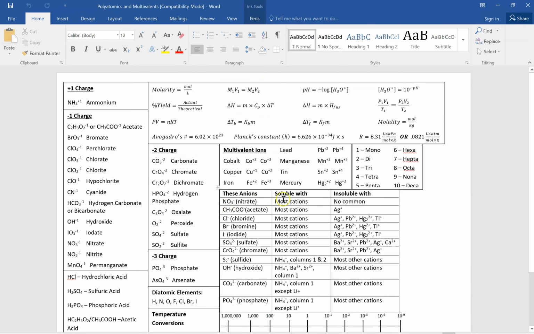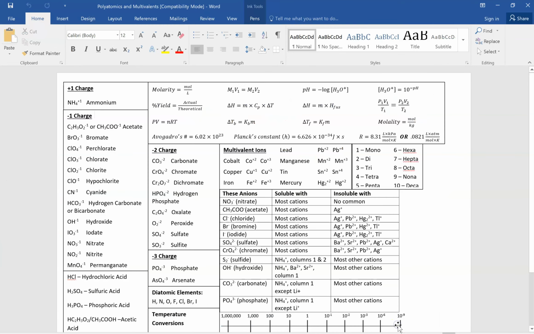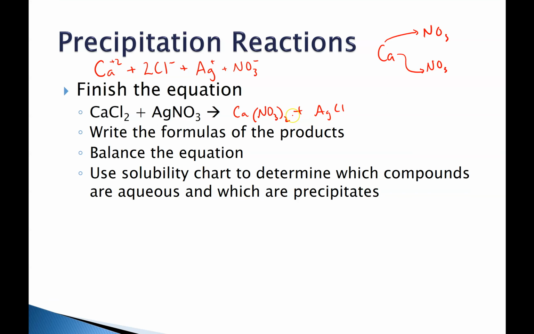Nitrate is soluble with everything, so that one is going to be aqueous. Chlorine is soluble with most, but insoluble with silver. So if we fill that in here, we would have calcium nitrate, that's aqueous, and silver chloride, which is solid.